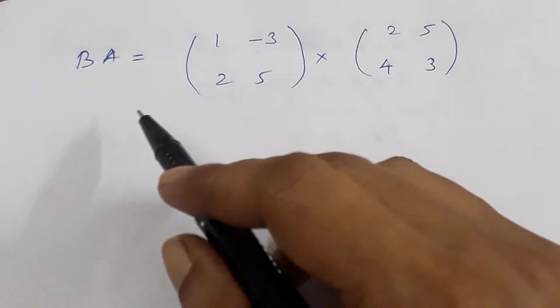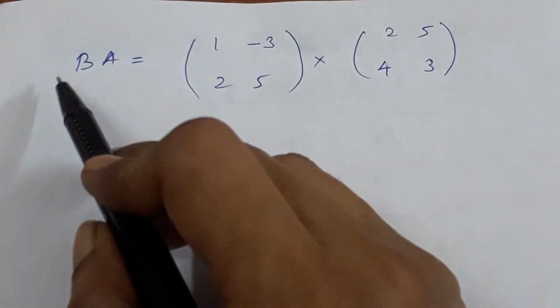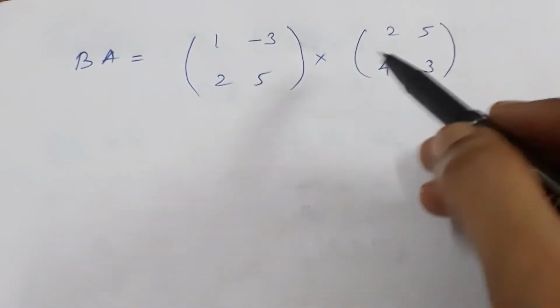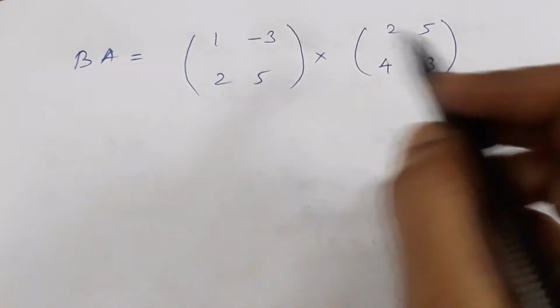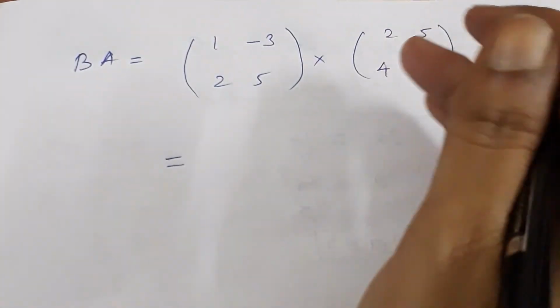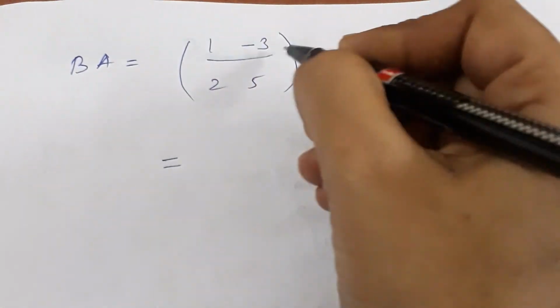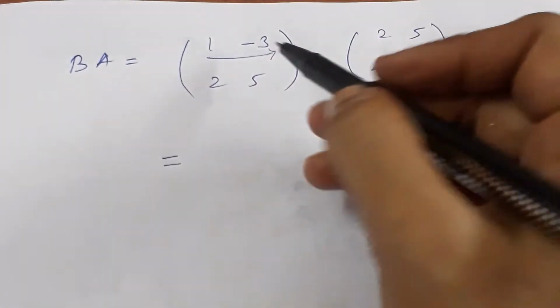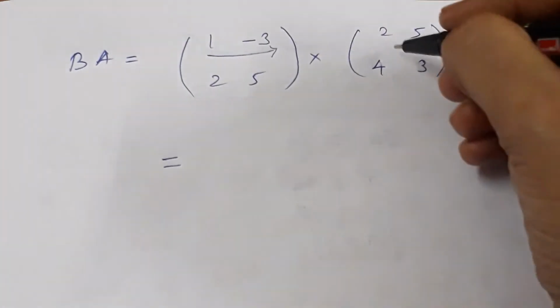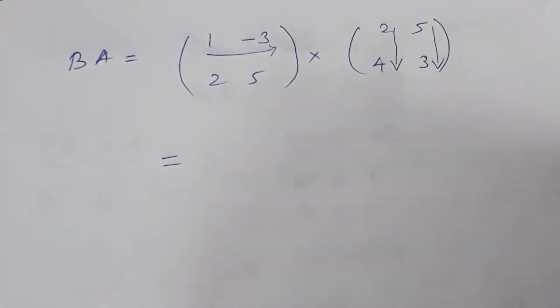Our next step is to find the product matrix BA. So write B first and then write the matrix A second. Now we are going to find the product. In the same method, take the first row in the first matrix and multiply it by the first column as well as the second column.